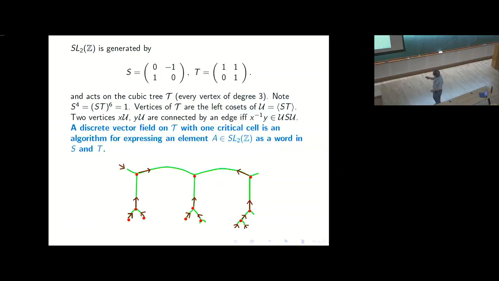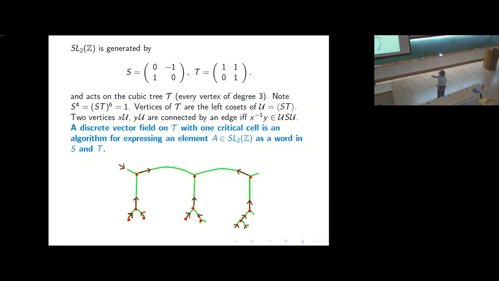But what I want to do now is actually just tell myself, how do I construct this tree? So each thing here is a kind of a coset, each vertex, but I'm going to think of it roughly as represented by an element of SL2. The T's here kind of correspond to the edges, and the S's correspond to rotating around it. And so what a discrete vector field corresponds to in this case is just a way of expressing an arbitrary matrix in SL2Z as a product of these two.